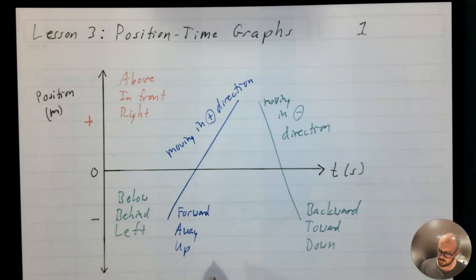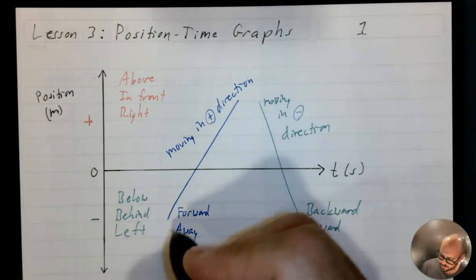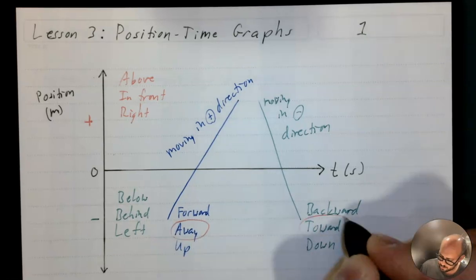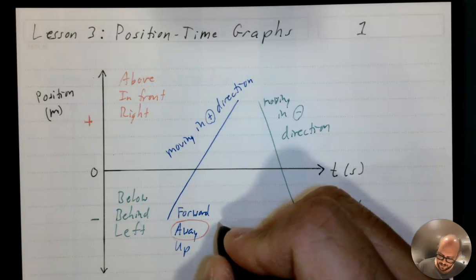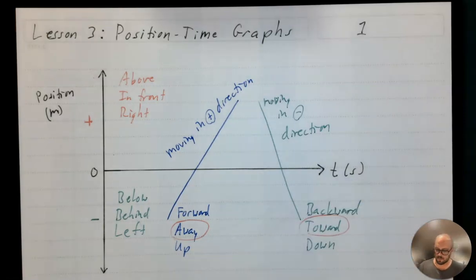Now, I realized an error I'll address in a second. These away and toward, I made a mistake here, and I just want to address this. So away and toward are very special. They only apply when we talk about motion detectors.